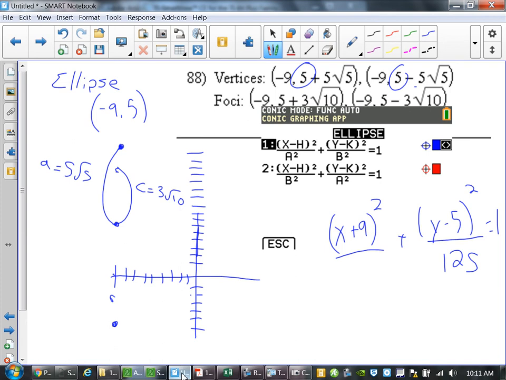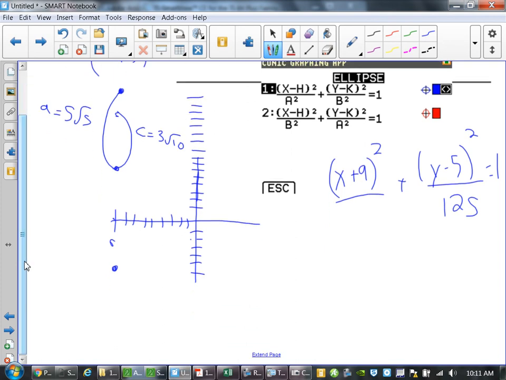So I take 3 root 10, and I believe that's 90. So my c squared is 90. My a squared was 125. B squared will be, well, 125 minus something was 90. 35, right?